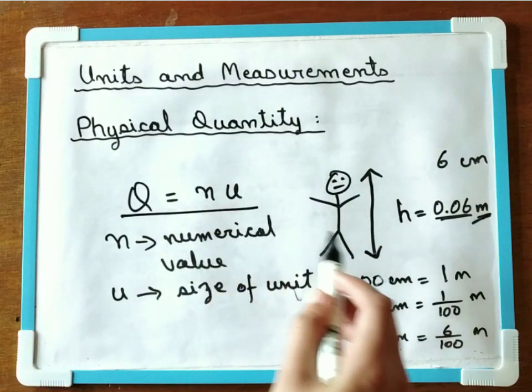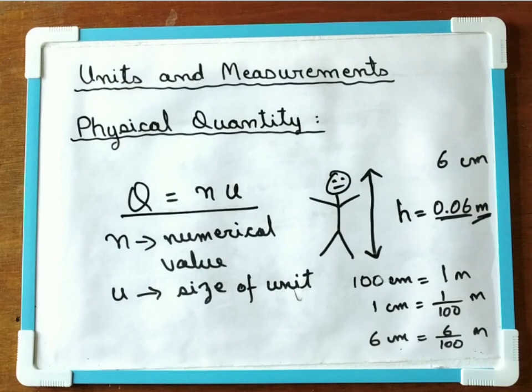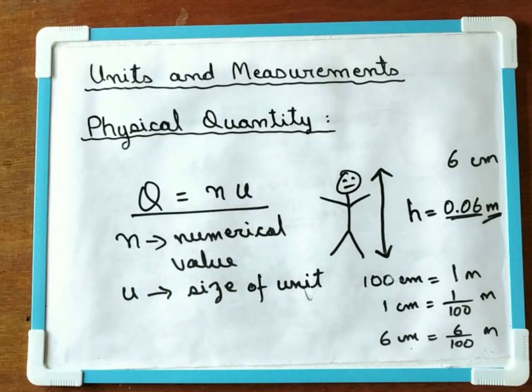Okay, so here, meter is known as the unit of measurement. Centimeter is also known as the unit of measurement. So how would you define a unit? A unit can be defined as the chosen standard of reference which we can use to measure a physical quantity.